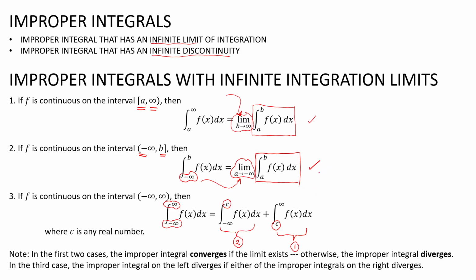Now the final answer for your improper integral will give us two types of answer. For example, the limit exists for the improper integral, meaning the value of your improper integral is definite, or let's say it's finite. So meaning it is converging or it converges. Convergent, converging, converges.